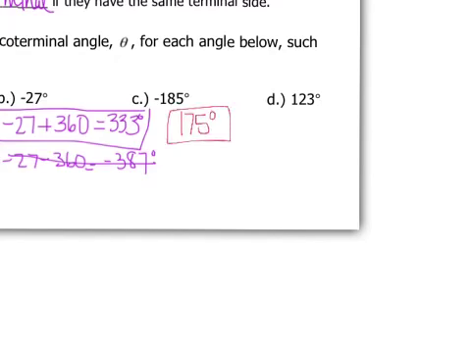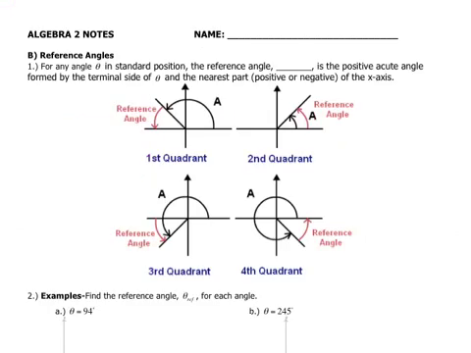Mika, what about for D, your coterminal angle between negative and positive 360? For part D, what did you get? Negative 237. Good. Any questions I can answer on that? You good? Kelly? You have to do the other one.